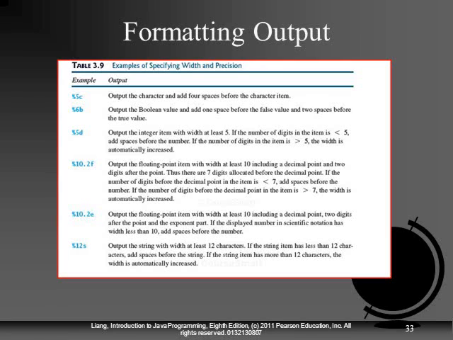%10.2f specifies that we're going to be printing a floating point number. It will take a total of 10 positions on the screen: 7 digits to the left of the decimal point, the decimal point, and two digits to the right. So 7 plus 1 is 8, plus 2 is 10. So the size 10 takes into account the decimal point as well.